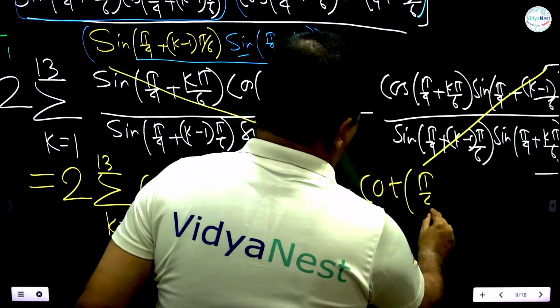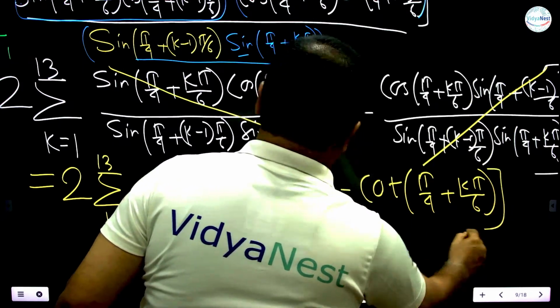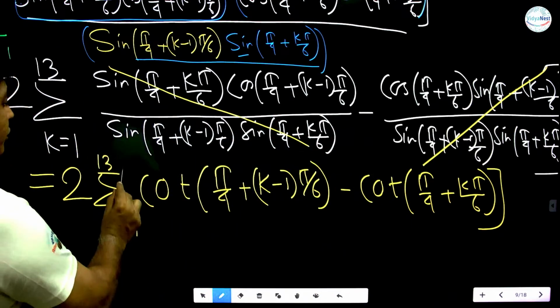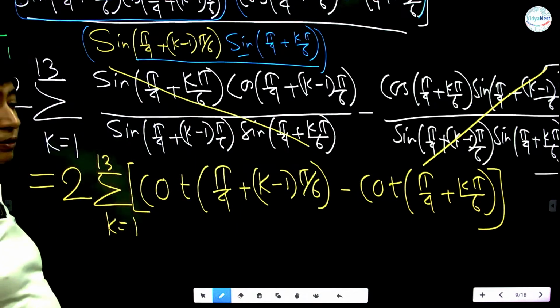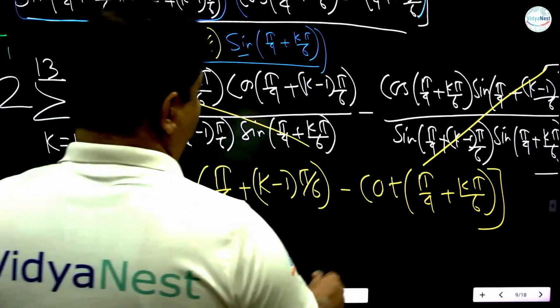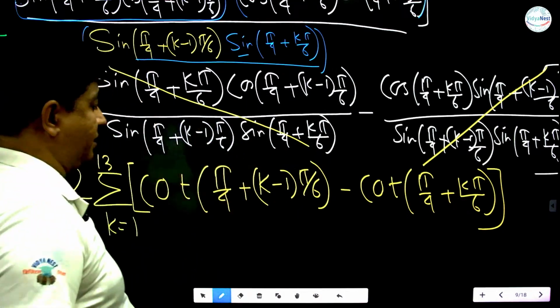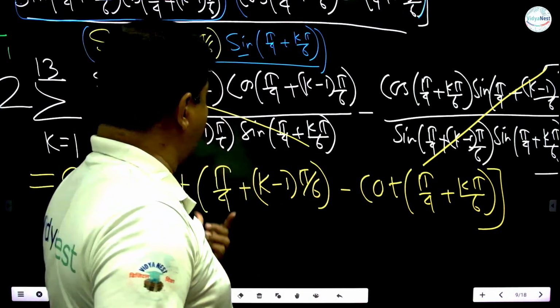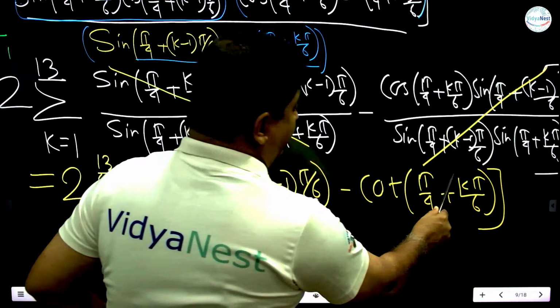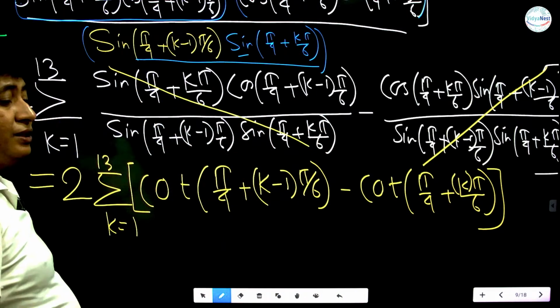So we are able to express the whole expression as the difference of two consecutive trigonometric terms. Yes or no? Why consecutive? You see, pi by 4 plus k pi by 6 and pi by 4 plus (k minus 1) pi by 6. So pi by 4 is common to both the angles. Here are two consecutive terms, k and k minus 1. Yes or no?